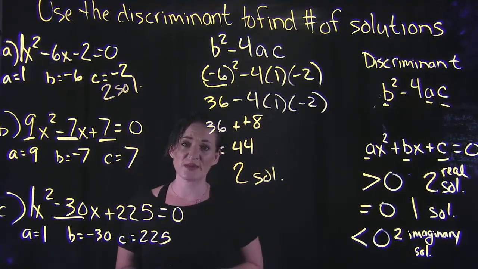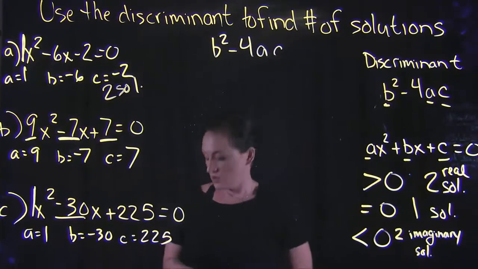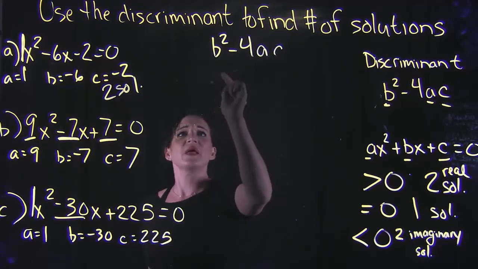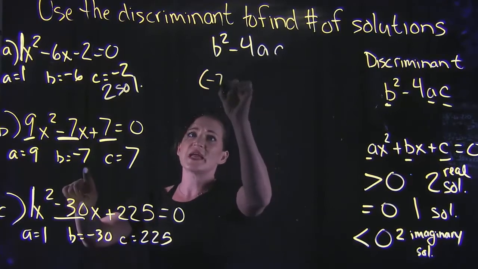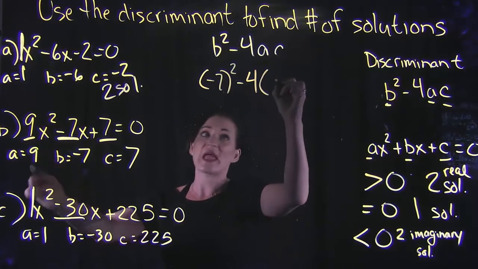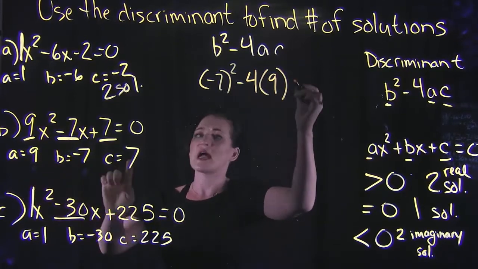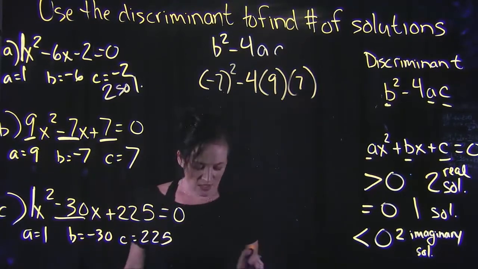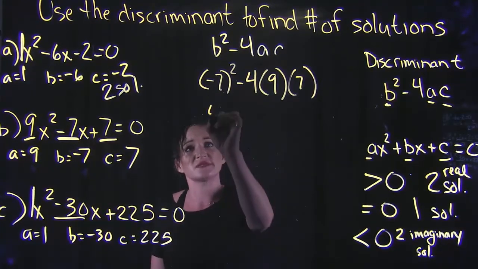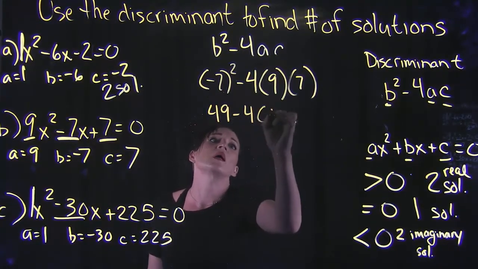Let's do the same thing for example B. We need to plug in b squared first, so b is -7, so that'll be -7 squared, minus 4 times a, which is 9, times c, which is 7. Remember to take care of your exponent first, so that's -7 times -7, which is 49.